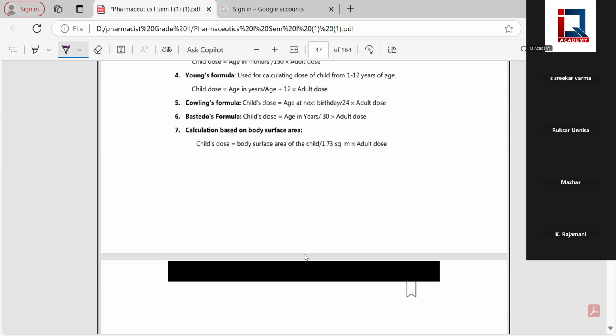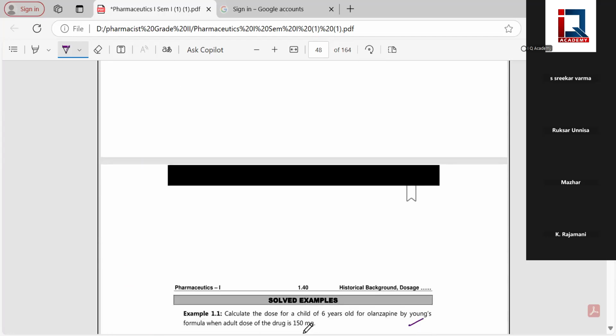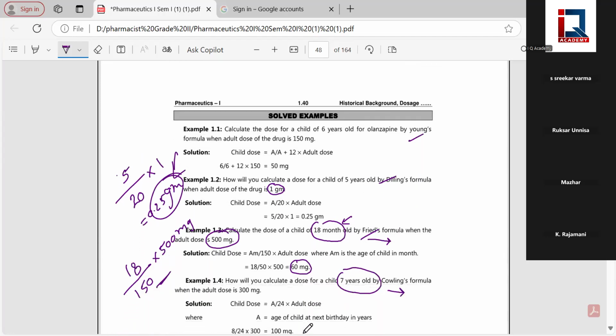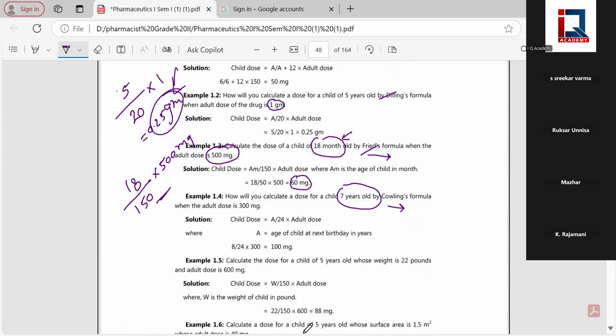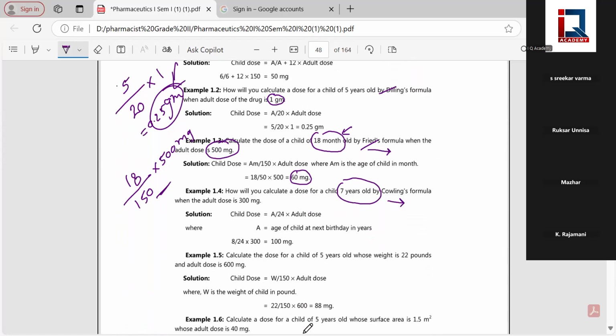See: age at next birthday by 24 into adult dose. So that is what is used here. They said 7 years old, so for next year it will be 8 years. So 8 by 24 into 300. Why 300? Because the dose of the drug here is taken as 300.